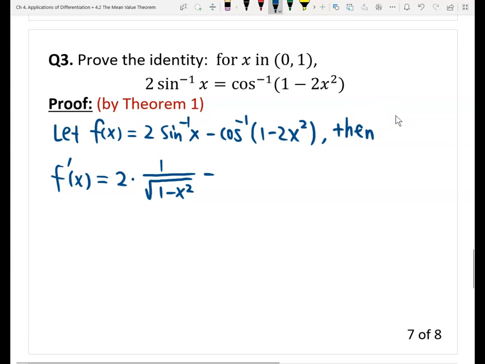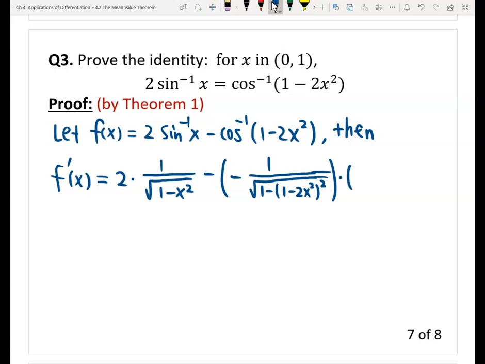So I have to multiply by the derivative of the outer, negative 1 over the square root of 1 minus u squared, where u is 1 minus 2x squared. Then times the derivative of the inner, which is a polynomial and easy: negative 4x. This is the chain rule.